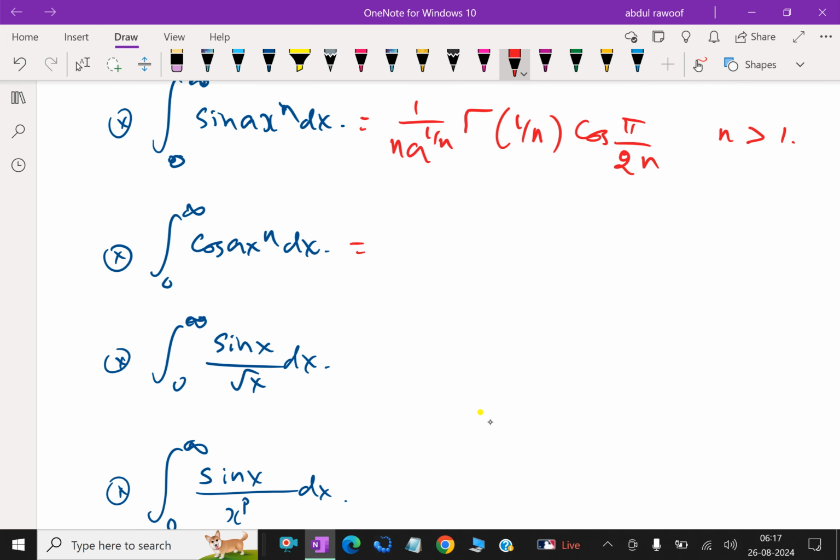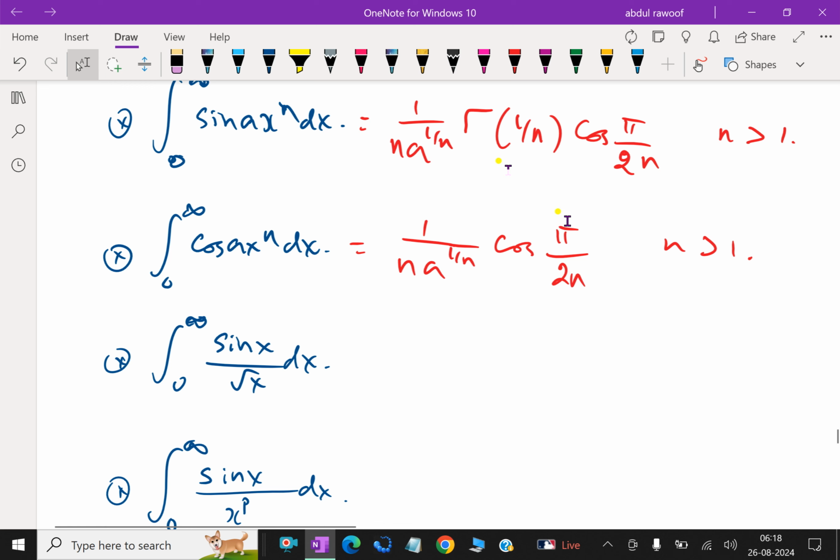Next one, the same with cos. Integral 0 to infinity cos a x power n dx is 1 over n, a power 1 over n, cos of pi by 2n, where n is greater than 1.